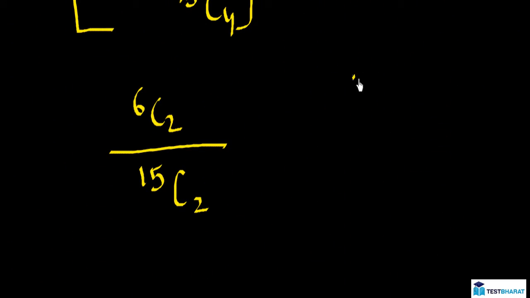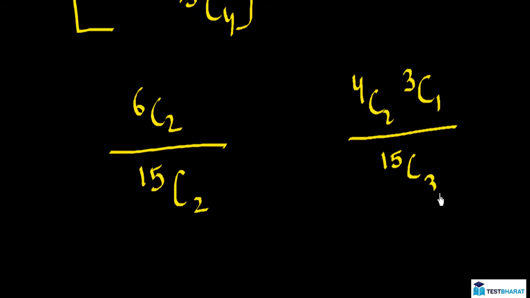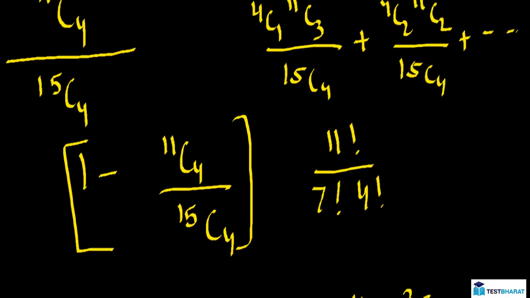So my answer would be 4C2 times 3C1. I chose 2 marbles from 4 blue marbles and 1 marble from 3 yellow marbles, and the total possibility is again 15C3, because I have chosen 3 marbles at random from a bag which contains 15 marbles. So these are the answers. You can simply work it out as 4 factorial by 2 factorial. Only algebra remains.